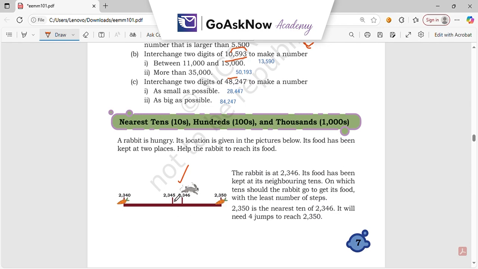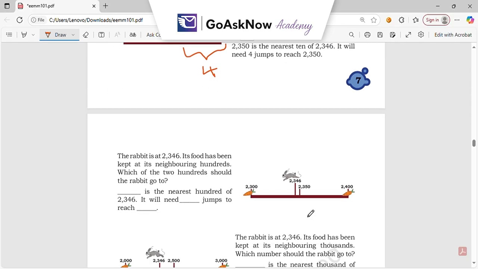One food is at 2,340 and the other food is at 2,350. 2,350 is only 4 steps to jump. Then this is the nearest tens. Did you get my point?